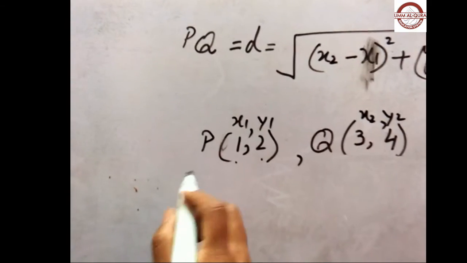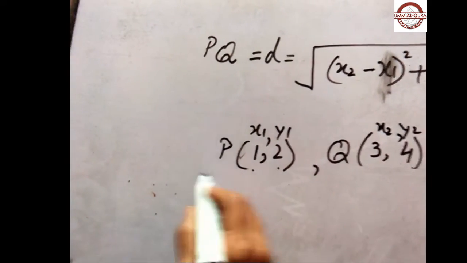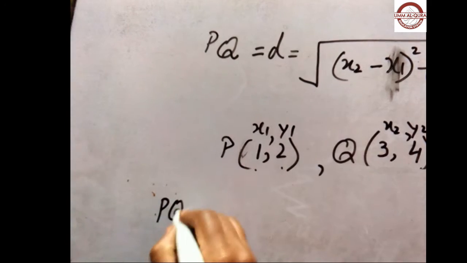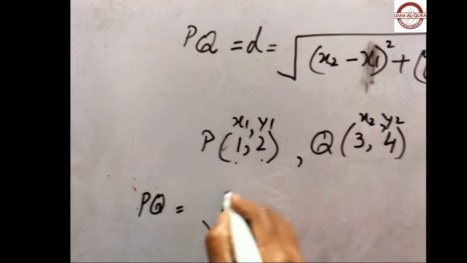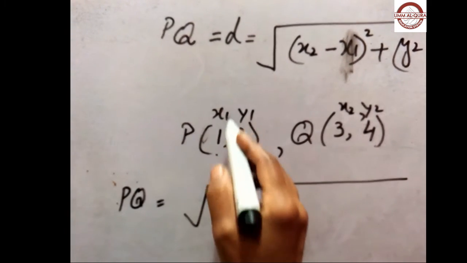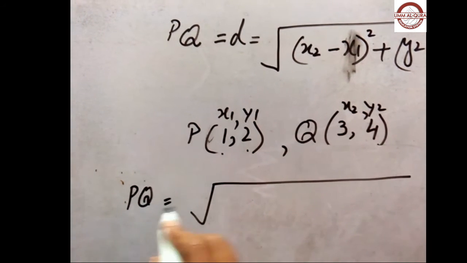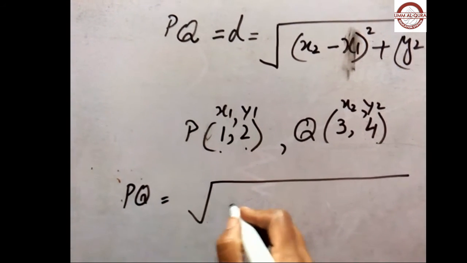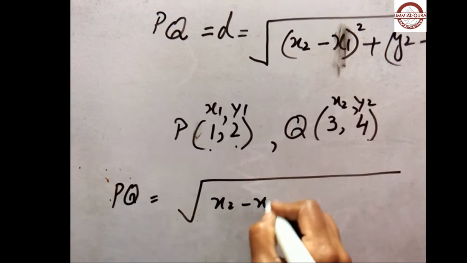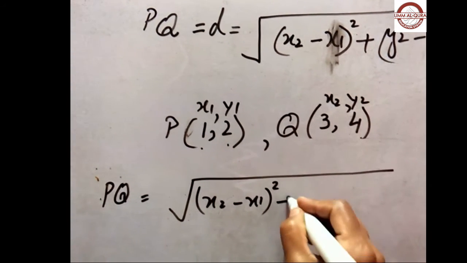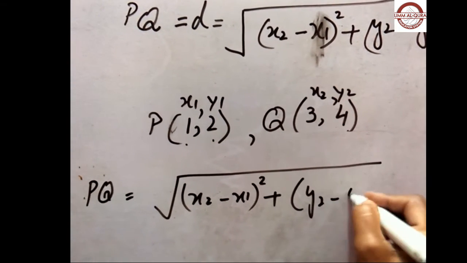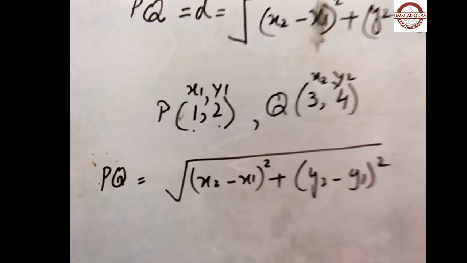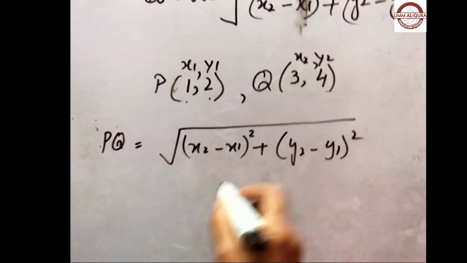Now we will find the distance between P and Q like this. PQ is equal to, first of all, we will write the formula: under root x2 minus x1 whole square plus y2 minus y1 whole square. Now put the values.